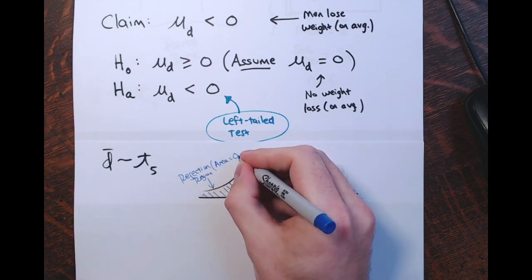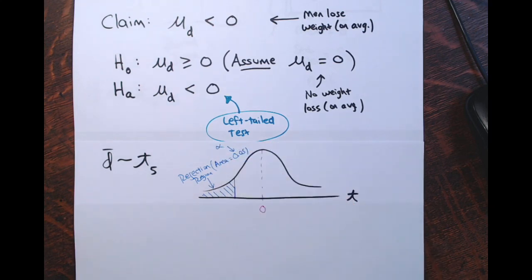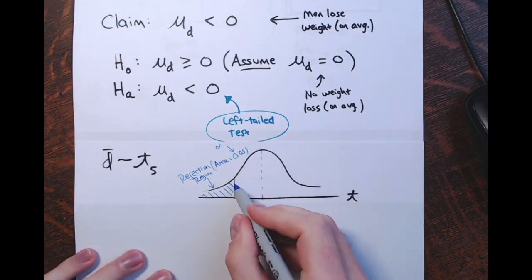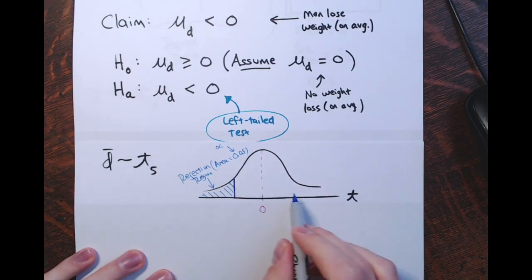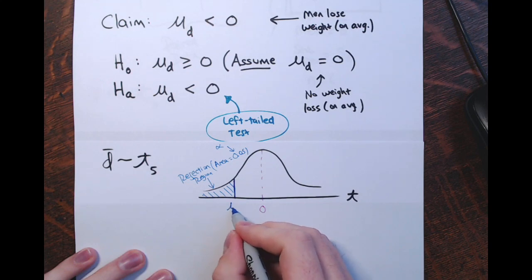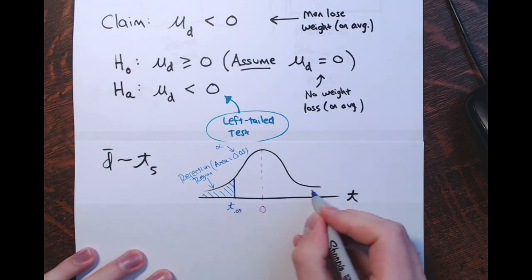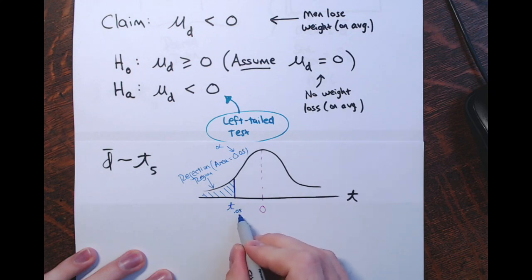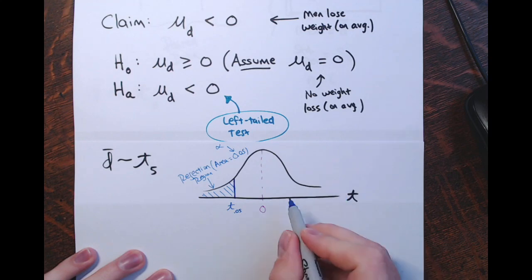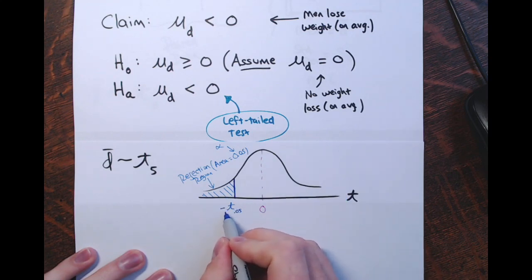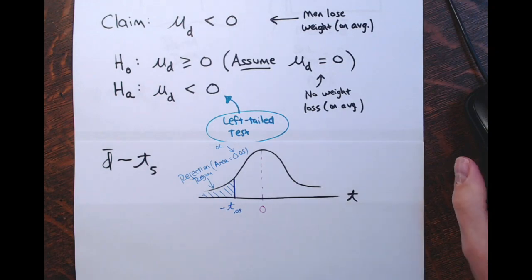Now they told us here that alpha was 5%, alpha was 0.05. So this t-score I'm looking for, using the symmetry, I'm looking for the t-score with 5% above it. That's what this t with a subscript of 0.05 means. And then we're taking the opposite of this to get the t-score with 5% below it.